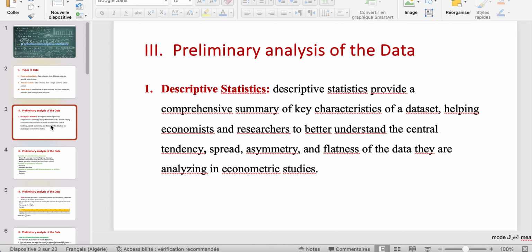When we talk about central tendency, we talk about the mean, the mode, and the median. I will explain this later. And we have the spread of the data, the asymmetry of data, and the flatness of the data, which are analyzed in econometric studies.